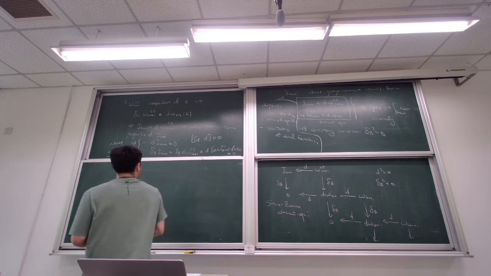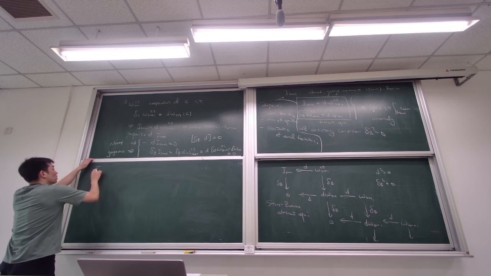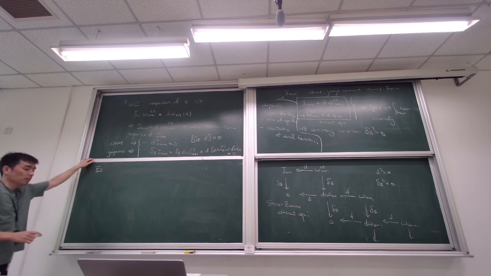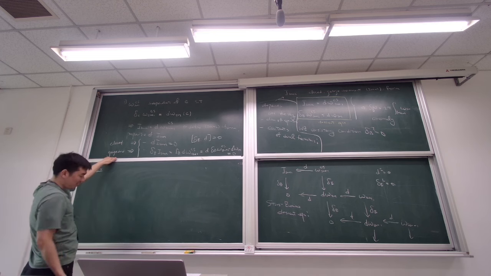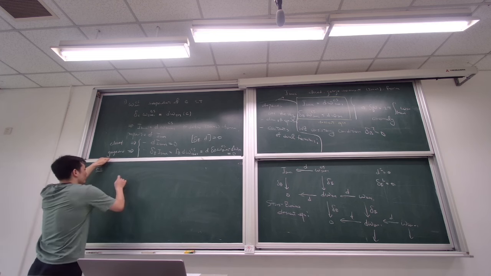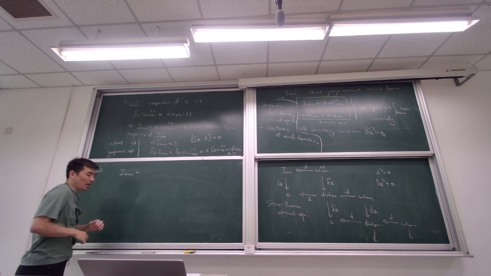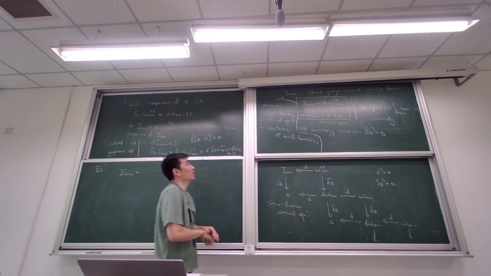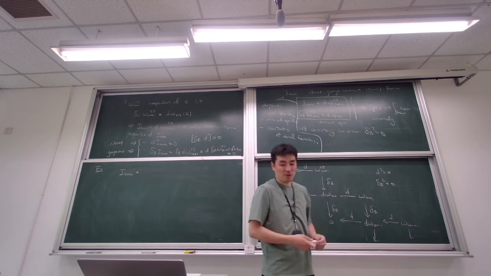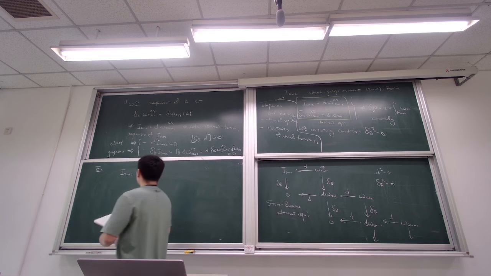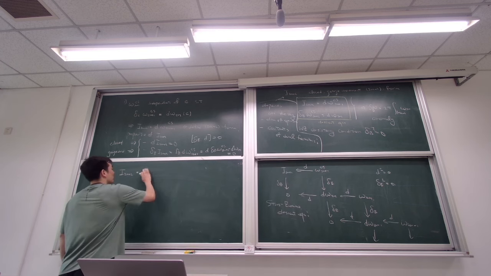Okay, so let's give an example. The most important one: if you ask the mathematicians what is the closed gauge invariant 2n plus 2 form, most likely people will tell you that this is the most fundamental.